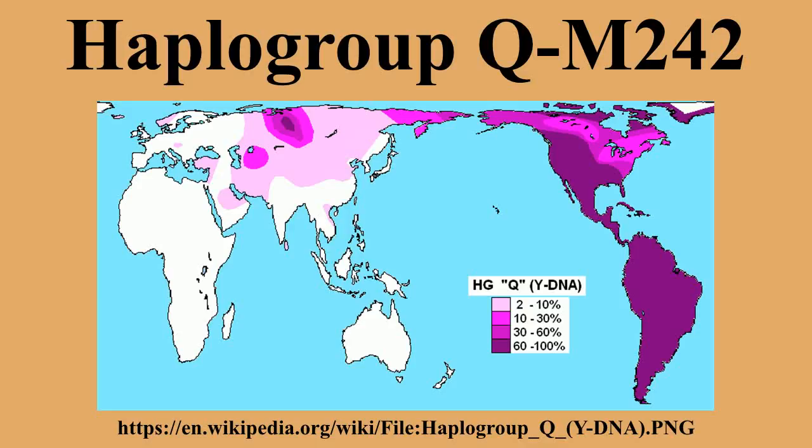Q-M242 is found in about 9.5% of Uyghurs, with Q-M346 occupying half, followed by Q1*, Q-M120, Q-M378, Q-M25. It is also found in approximately 3.2% of males in Tibet.